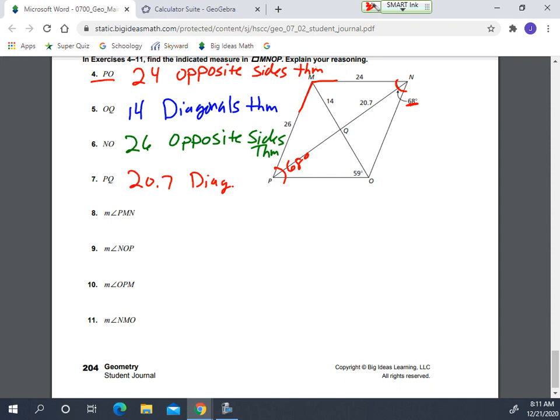We know that 68 plus 59 plus x is equal to 180. 68 plus 59 is 127. And then if I subtract 127 from 180, I get 53. So x is equal to 53.